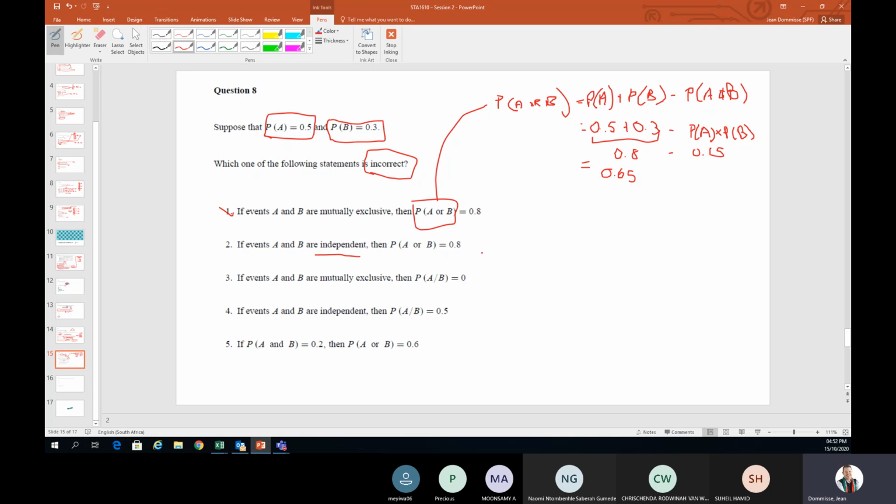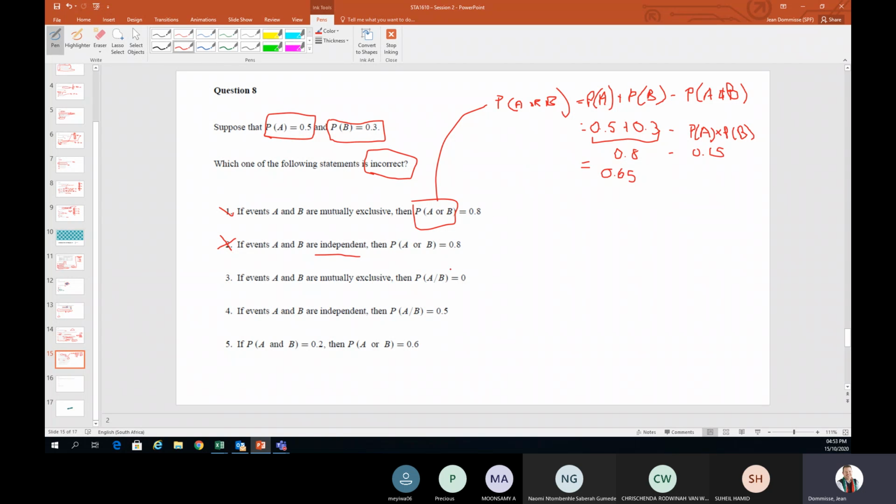So then we know that that one is the incorrect one. Okay, let's just continue with the rest as well. I think it is important that we just know how to do it and how to write it.